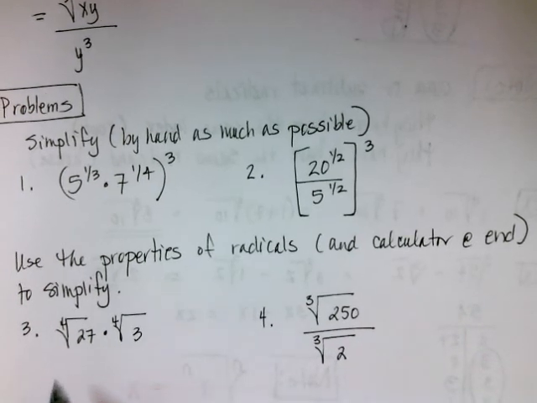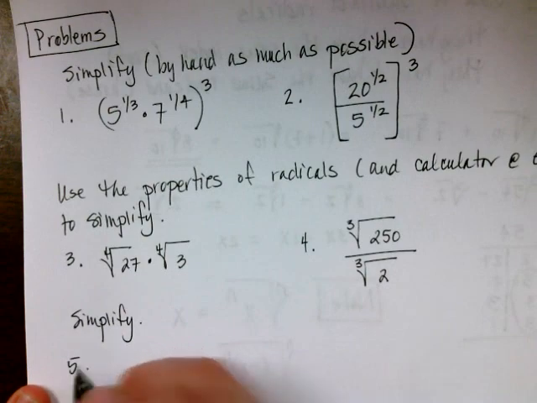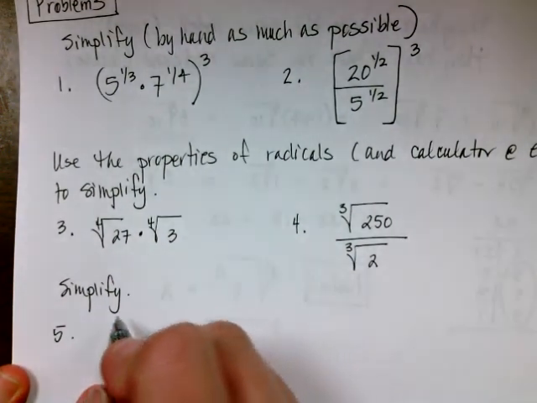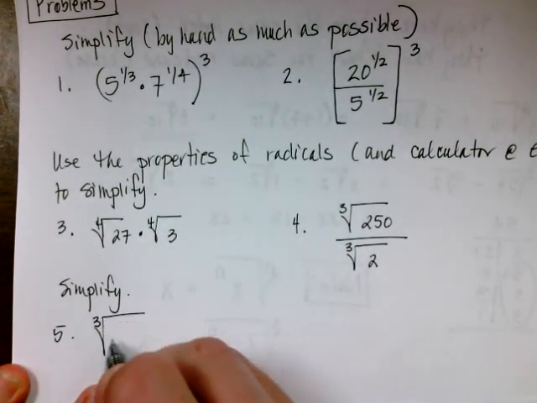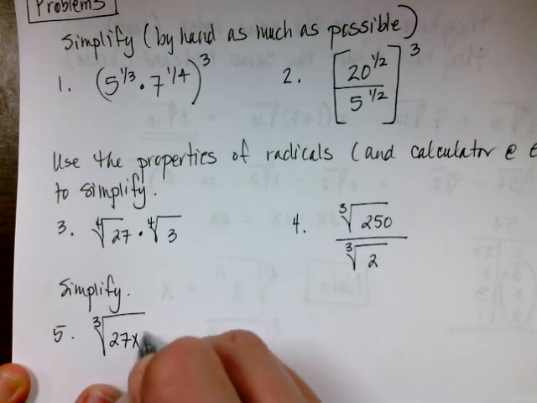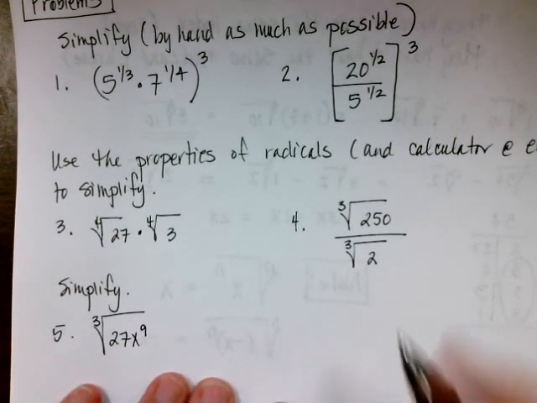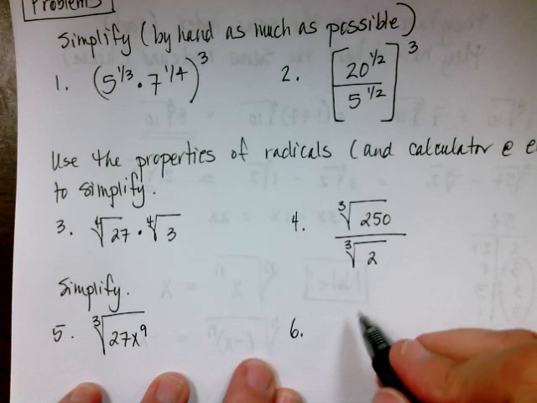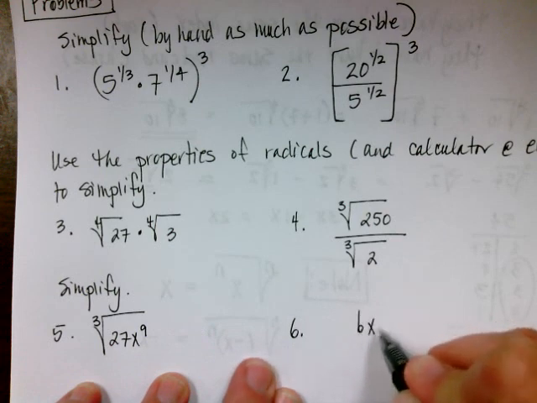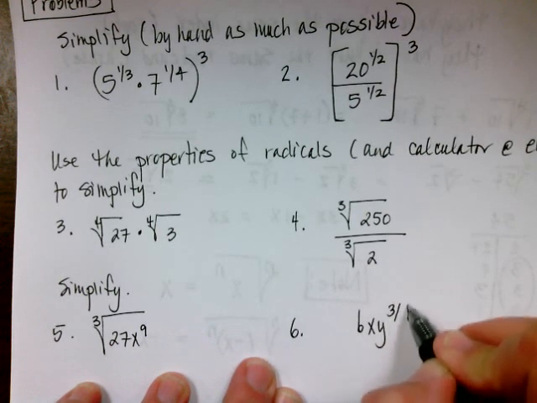Alright, 2 more problems. I want you to simplify. So number 5 is going to be the third root of 27x to the 9. And then problem number 6 is going to be 6xy to the 3/4.